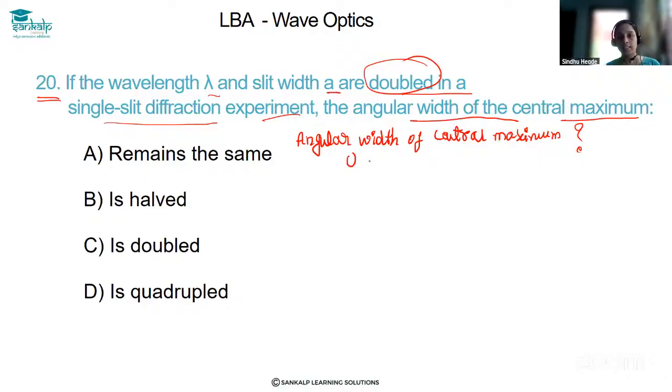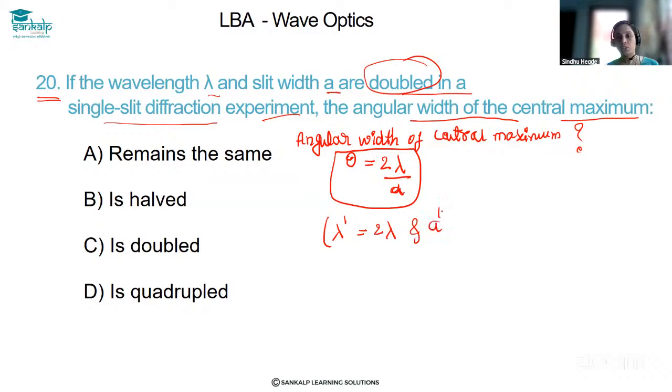The formula is theta is equal to 2 lambda by A. Now the given thing is that lambda and A are doubled. Let us consider the new values of lambda and A to be lambda dash and A dash. So lambda dash is 2 lambda and A dash is 2A. These two are the given things in the question.